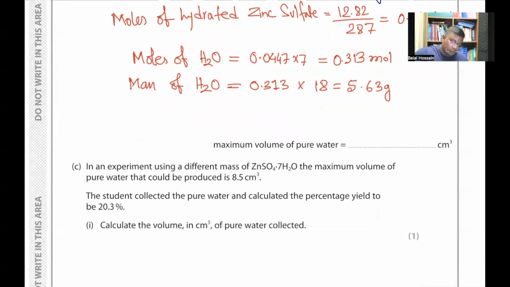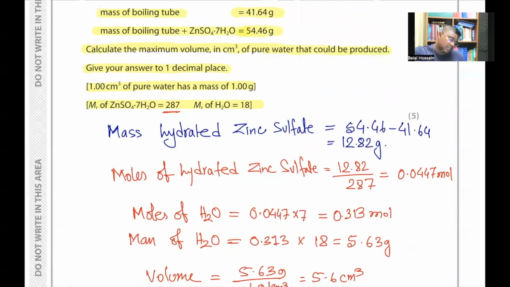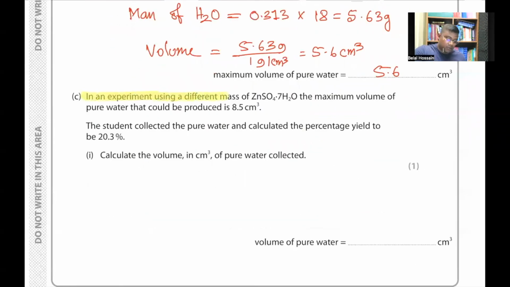So since we need the volume, and we know that it is 1 gram per cm cube, so 5.63 grams divided by 1 gram per cm cube makes it 5.6 cm cube. We are asked to give the answer to 1 decimal place, which is why we cannot accept the second decimal place. So 5.6 cm cube.